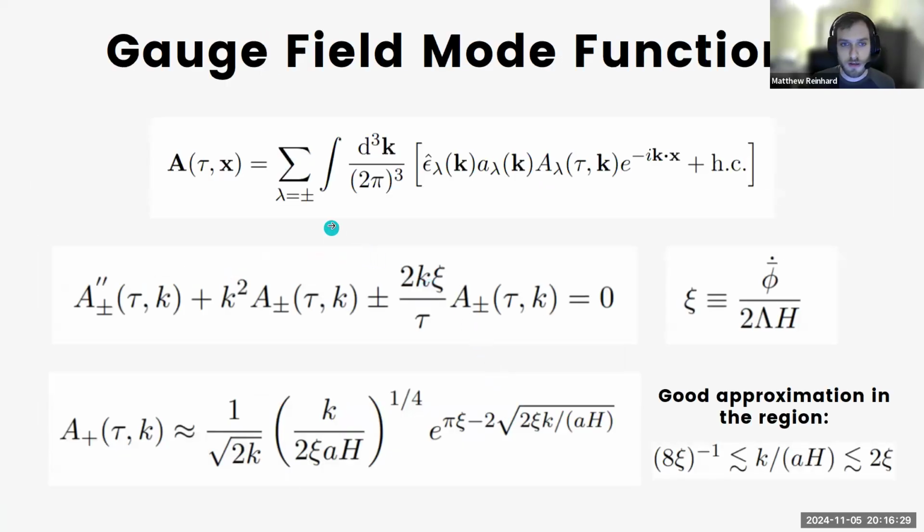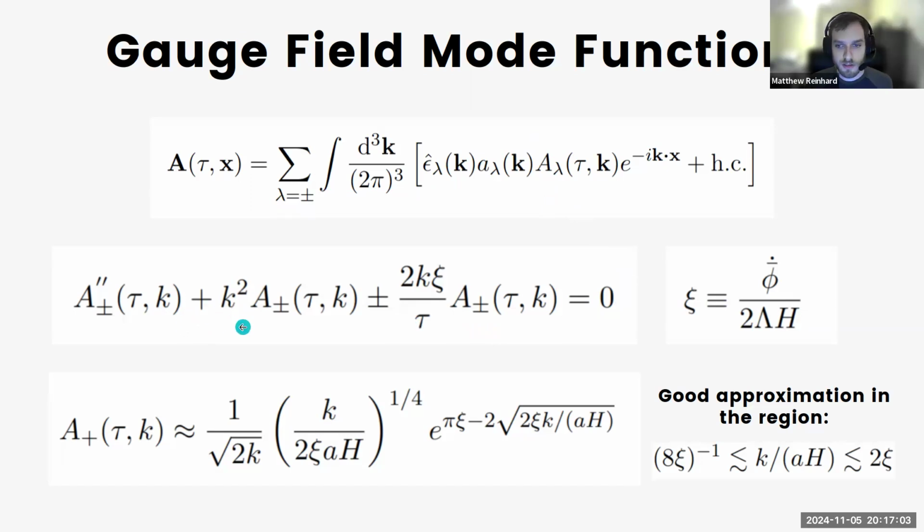So focusing on the gauge field for a second, we can decompose it in Fourier space in this basis of circular polarization vectors, which are also helicity eigenstates. So this sum over lambda is summing over positive and negative helicity states. And A will be the gauge field mode functions. We can write down the equation of motion for these mode functions.